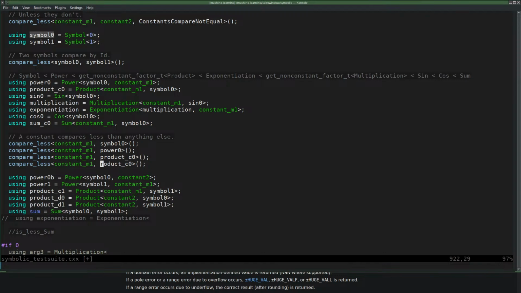And then a constant must be comparing less with all types. So we have symbol, power 0, product, sign, but let's start with the next thing here. That would be an exponentiation.